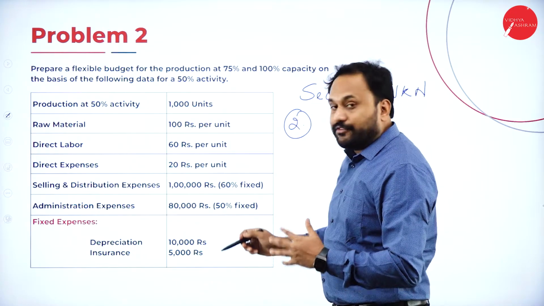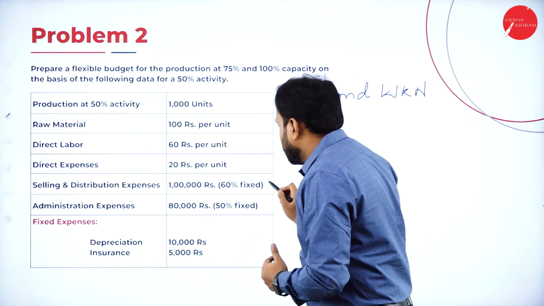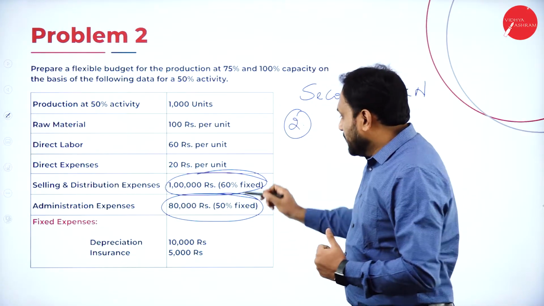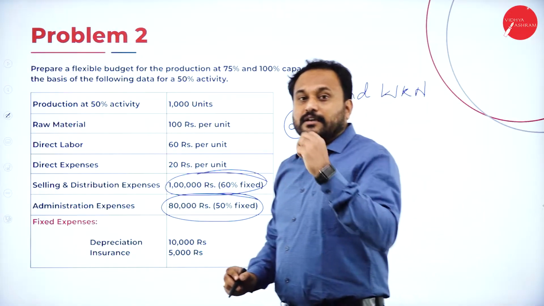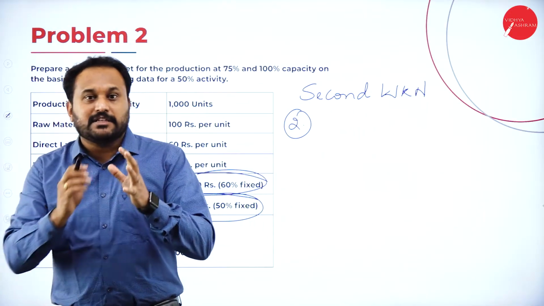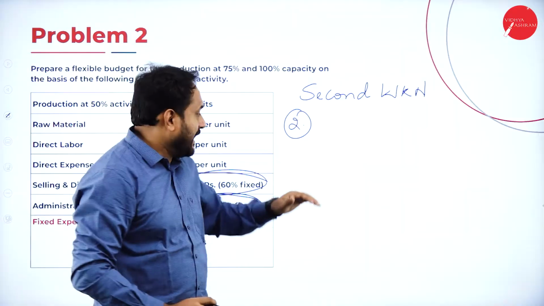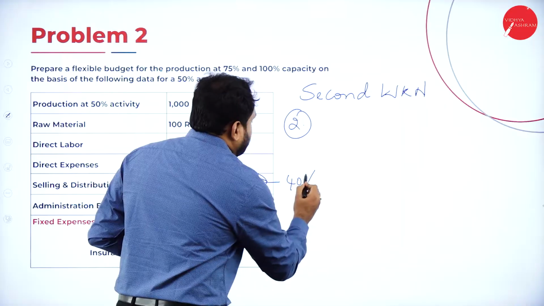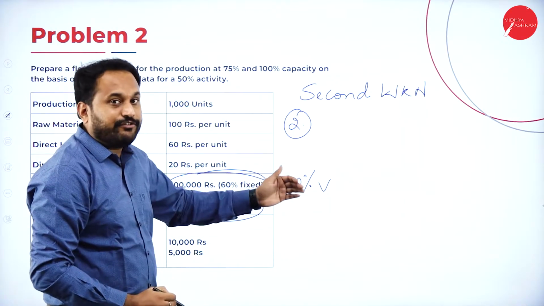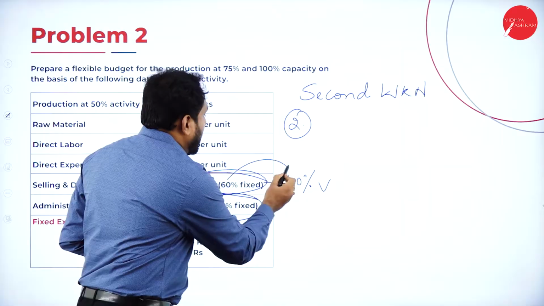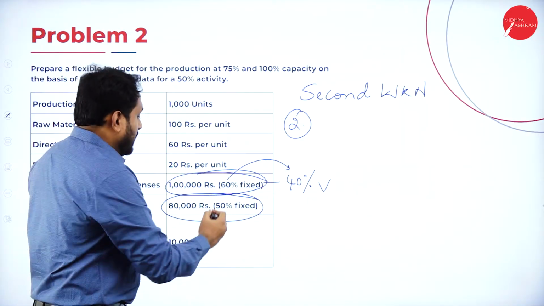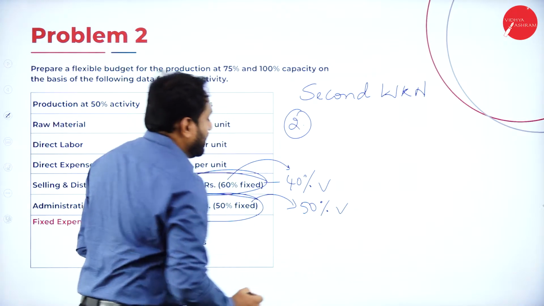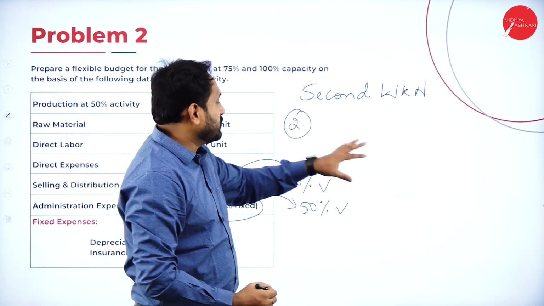Whenever we have something like 60% fixed, that means 40% is variable, because if you add both of them, it should be 100. If 50% is fixed, then 50% is also variable. So this is the semi. You are supposed to go with the working note.